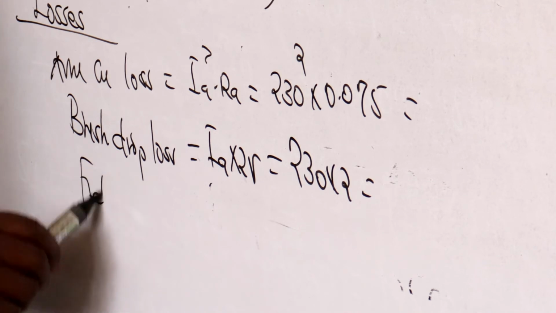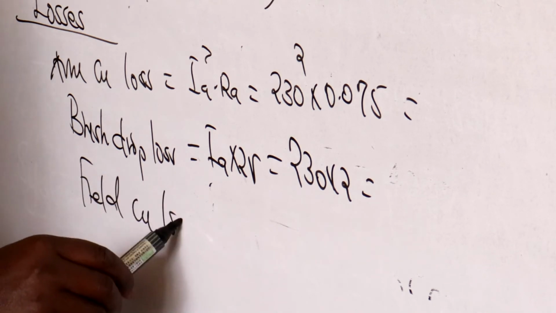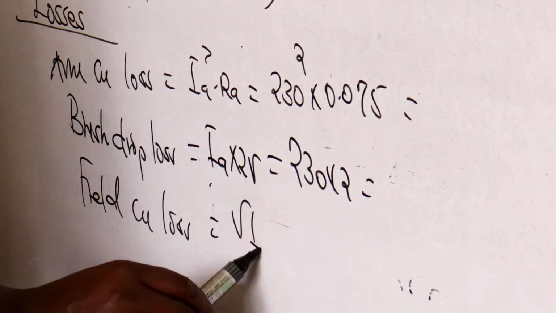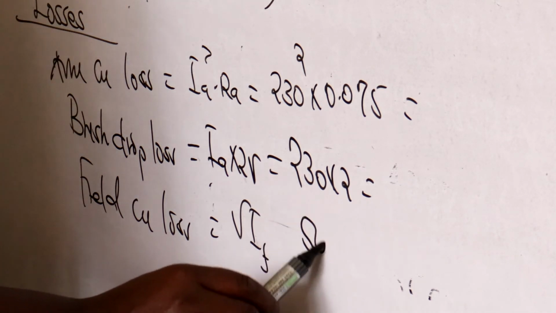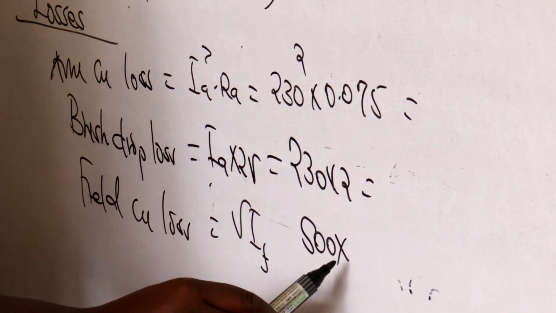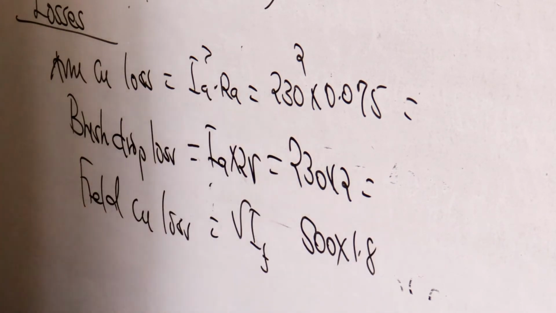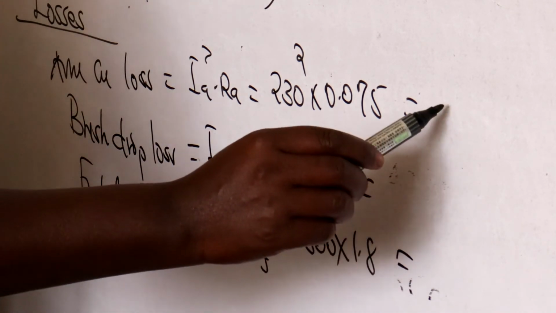Then we get the field copper loss, given by V times the current of the field: 500 times 1.8. So what do you get here?